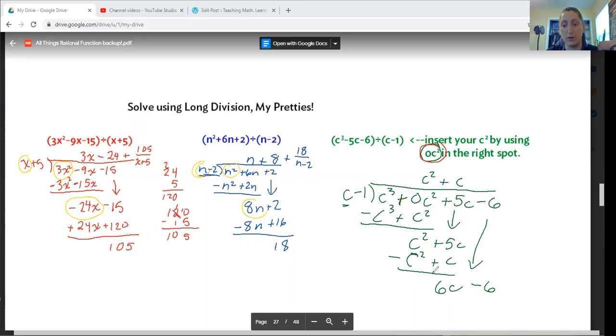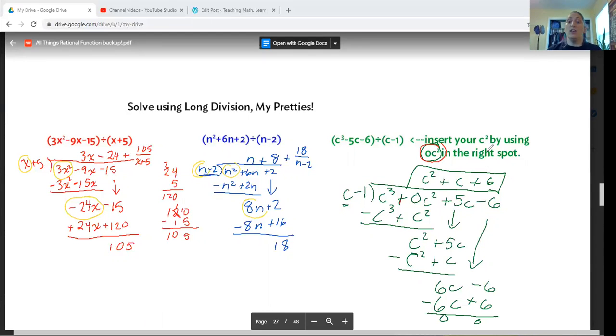What do you do to turn c into 6c? You multiply it by 6. So plus 6 over there. And then we've got 6c. And then 6 times negative 1 is negative 6. Change our signs to combine, and would you look at that? It goes in perfectly. We don't have any remainders to mess with, because all of these are 0. Great, so that's our answer.